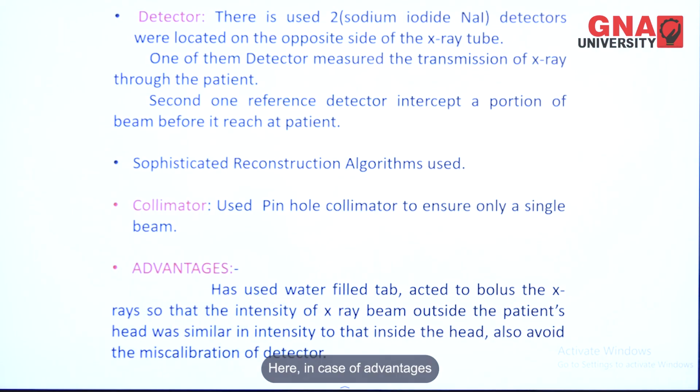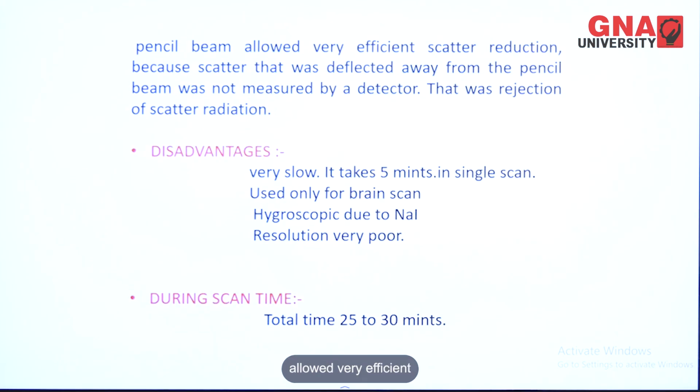In terms of advantages of the first generation, we used a water-filled tub that acted as a bolus for the X-rays so that the intensity of the X-ray beam outside and inside the patient's head was similar, so no miscalibration would be recorded and a beam hardening artifact would not arise. The pencil beam also allowed very efficient scatter reduction, because scatter deflected away from the pencil beam was not measured by the detectors, as before the detector we were using pinhole collimators.